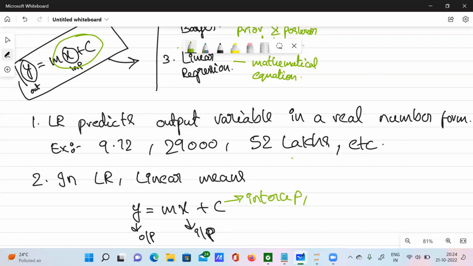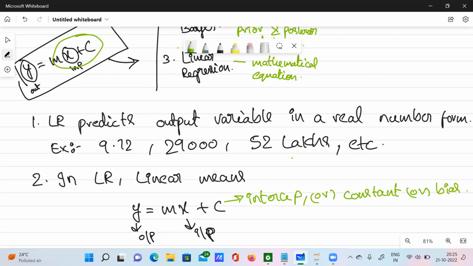We can also call it the constant, or we can also call it bias, right?